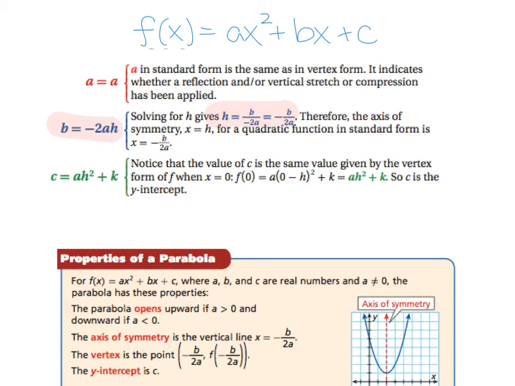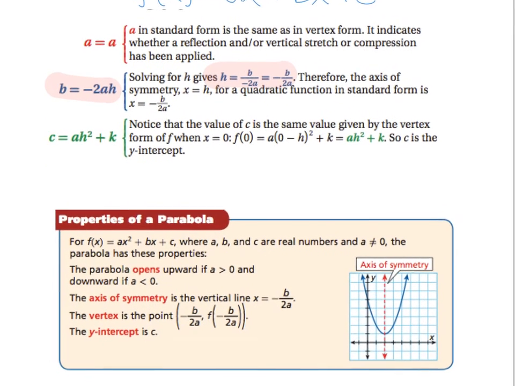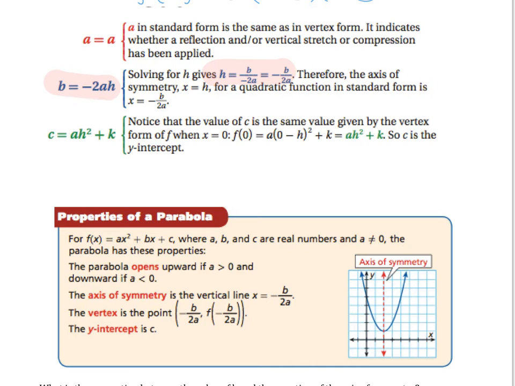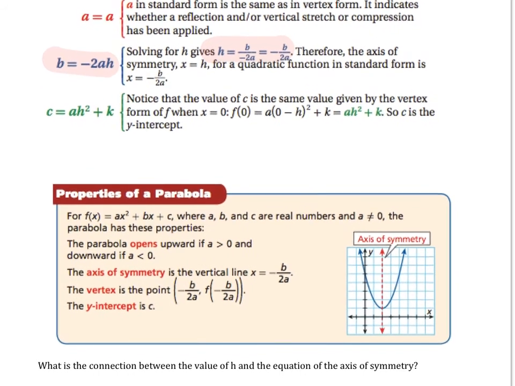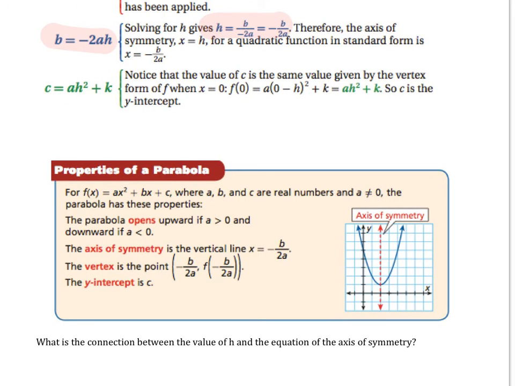So when you're in standard form and you're trying to find the axis of symmetry or the x coordinate of the vertex, you want negative b over 2a.